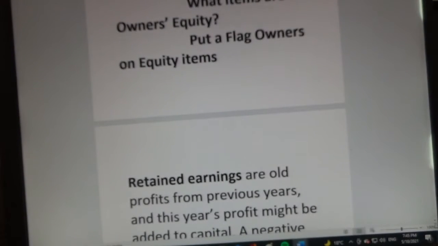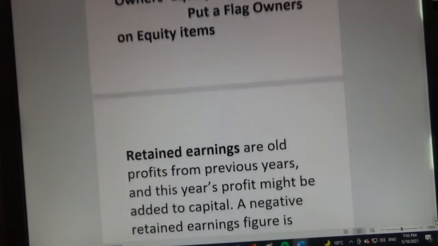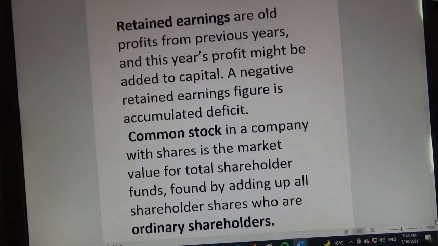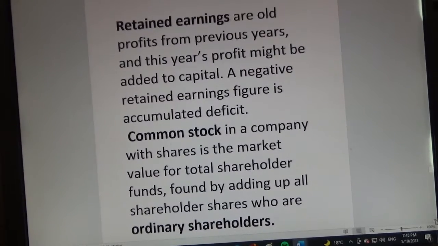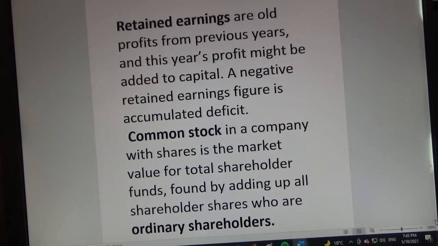So let's just flag some items on owner's equity. I found this interesting. Retained earnings in owner's equity is your old profits from previous years, and this year's profit might be added to capital. A negative retained earning figure is accumulated deficit.